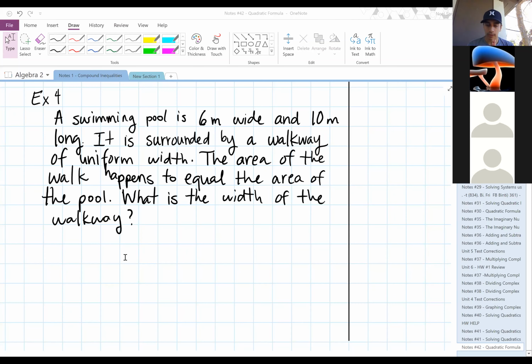All right, so let's start with what we're given, right? We have a pool that's 6 meters wide and 10 meters long, right? So let's sketch that out. Let's get a diagram going, and then from there we can fill in the rest of the details. Let me see if I can sketch out a little rectangle here.